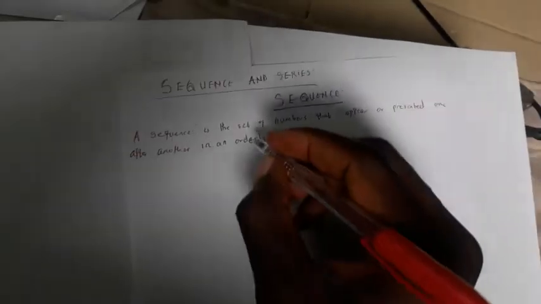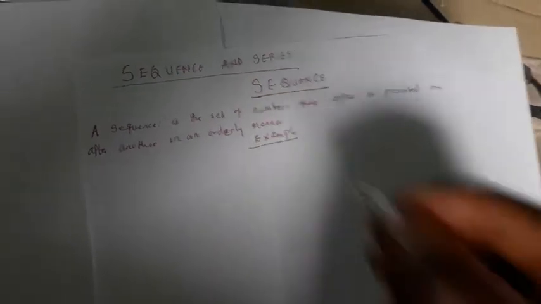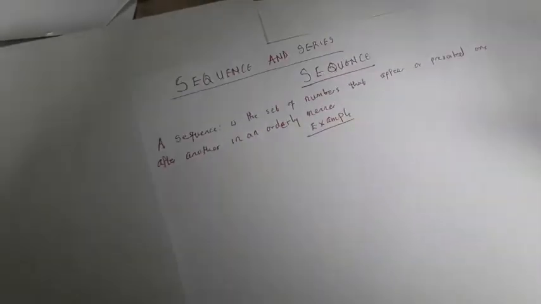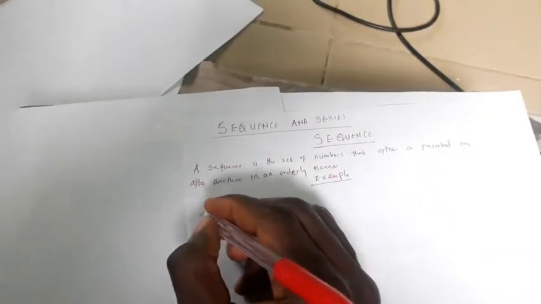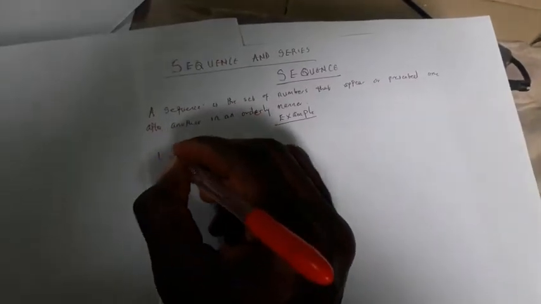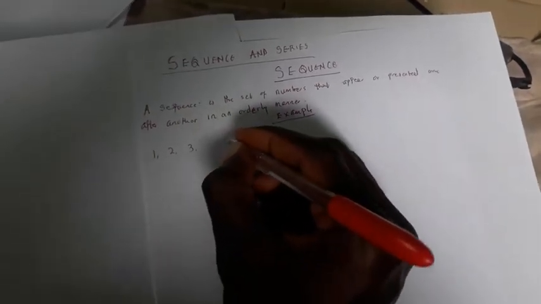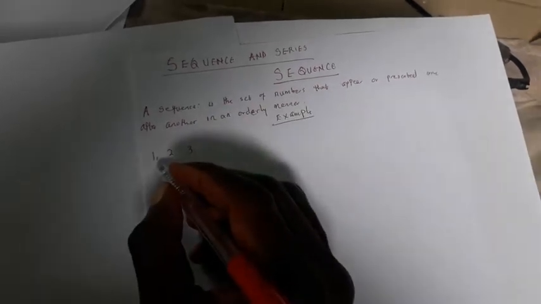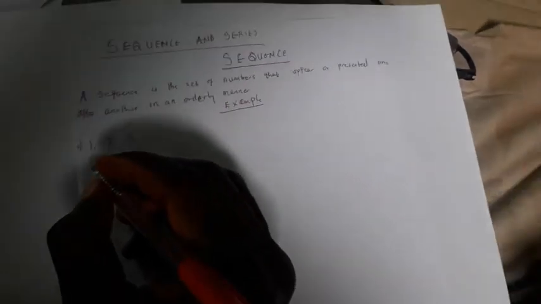Now, let's take an example on the term sequence. If we have 1, 2, 3, you will notice it follows an order. That is example 1.